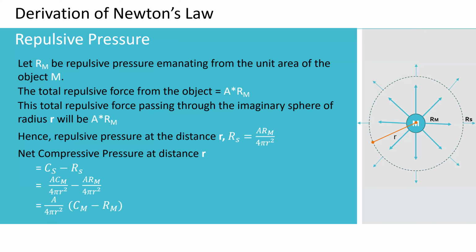Okay, we proceed further. Now, we place the object M. And so far we discussed the action of the space. Space is compressing on the object.